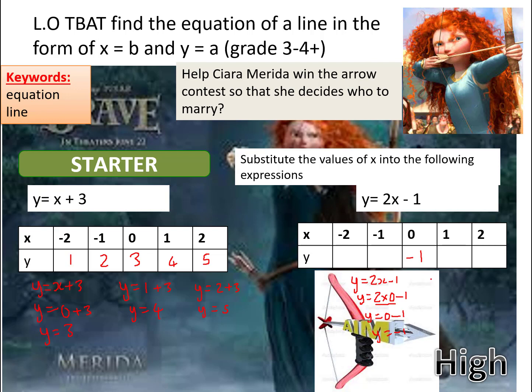So when x equals 1, we're going to swap the x for 1: 2 times 1 minus 1, that equals y equals 2 minus 1, so y equals 1, and y equals 2 times 2, because now we're going to let x equals 2, minus the 1, that becomes y equals 4 minus 1, and we know that is 3.